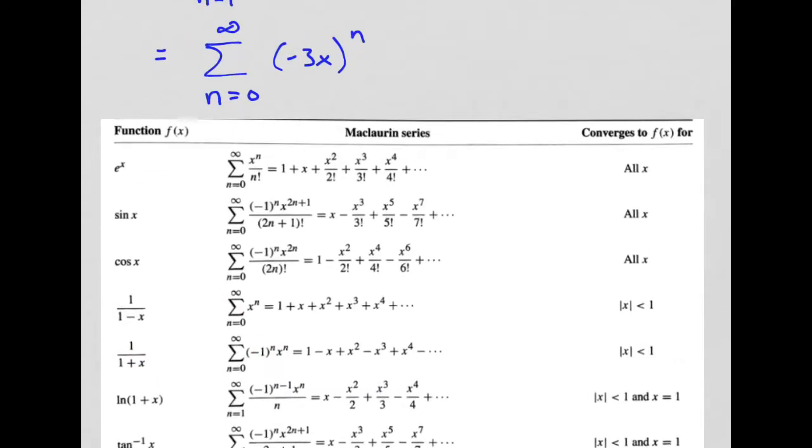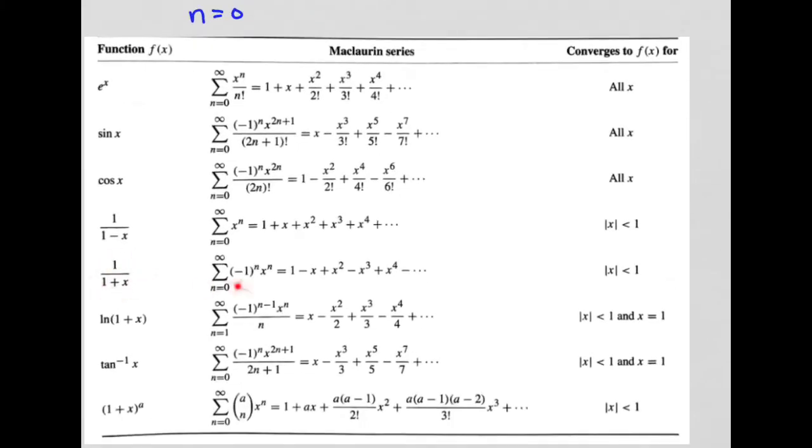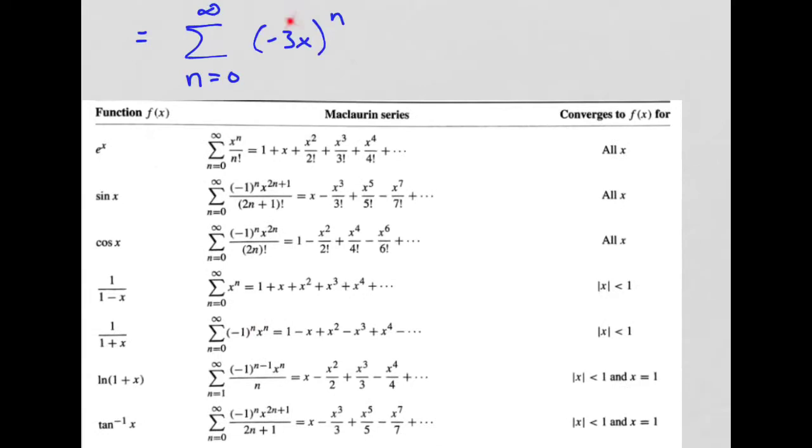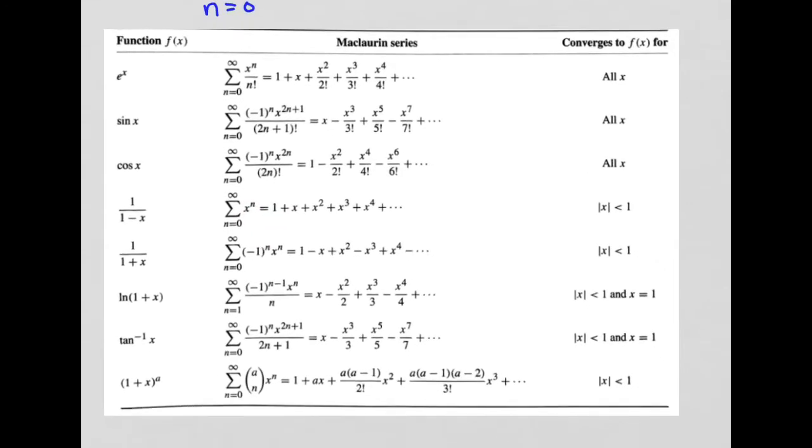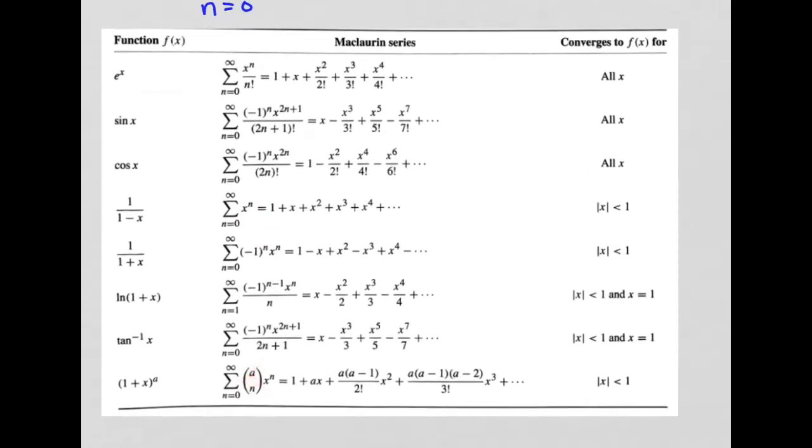But this one has a negative 1 to the n. I suppose I can make it a negative 1 to the n and then times 3x. I could use this. Do you understand? I can rewrite this in this form, and then I could use this. But this is already in that form. Okay. And it has nothing at the bottom. It has nothing to do with the choose function.